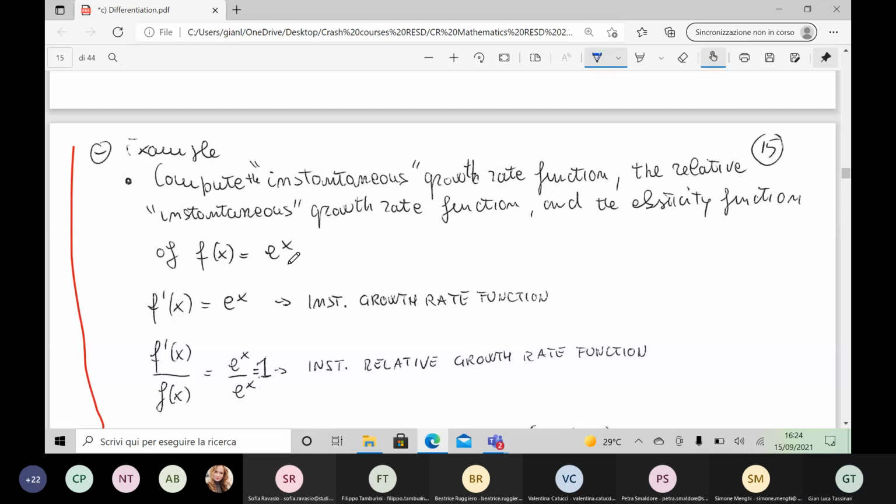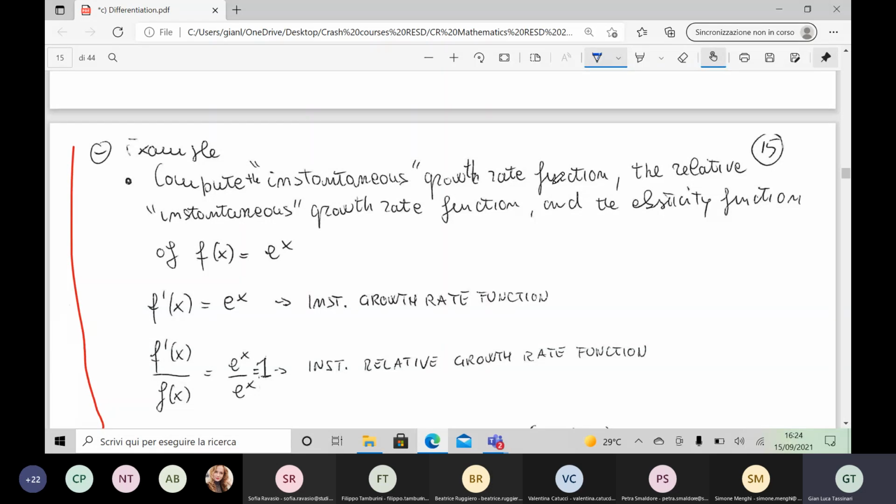So the procedure is even shorter, because which is the instantaneous growth rate function, guys? The instantaneous growth rate at a point is the derivative evaluated at the point. So it's the slope of the tangent at the point. So which is the instantaneous growth rate function?